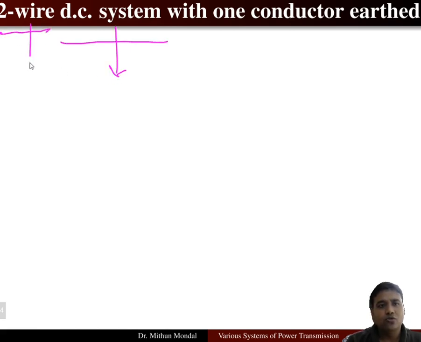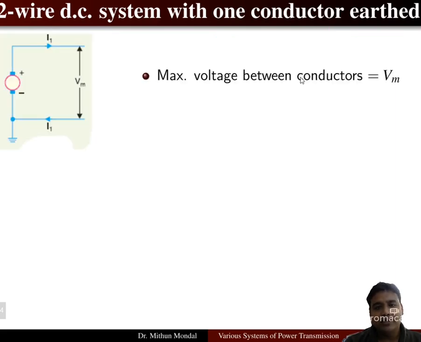It is two wire, and in this system, there is one conductor which is earthed. So you have to take a DC system which is two wire and one conductor is earthed. So here you can see that this is your two wire. First wire is here, second wire is here. And one conductor is earthed, this is your earth.